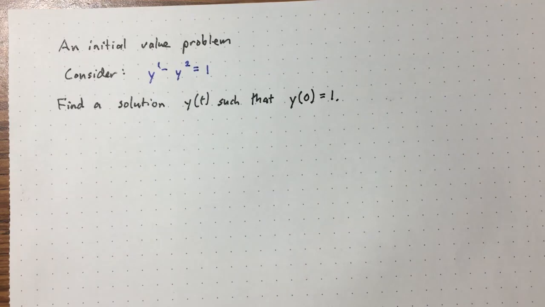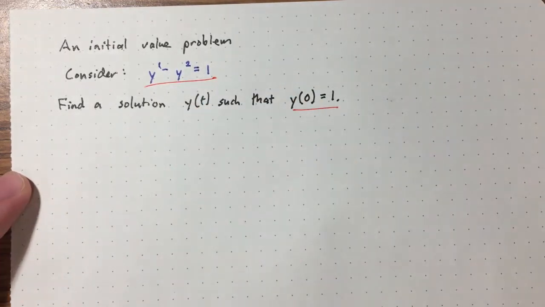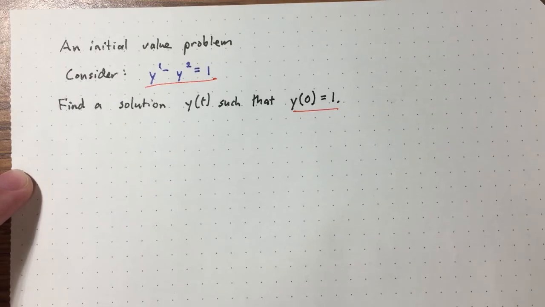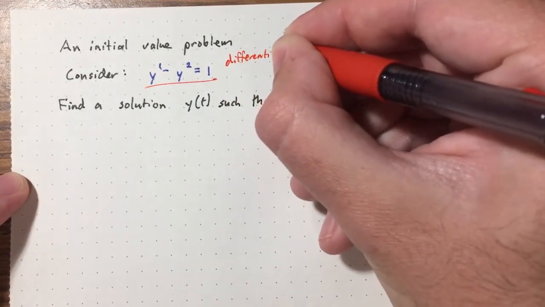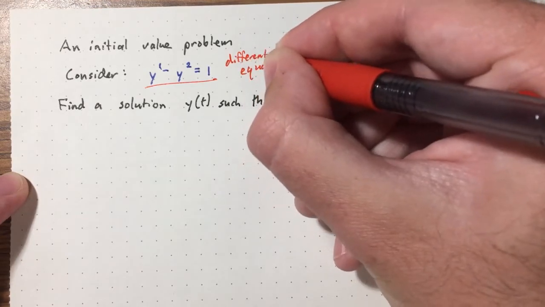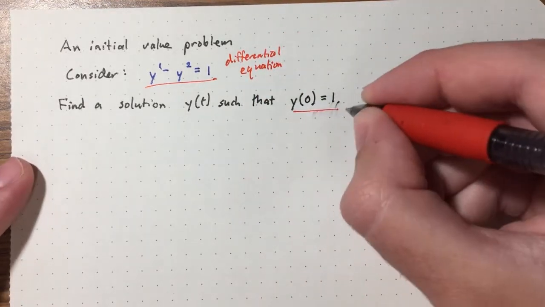So that's an initial value problem. An initial value problem is a combination of a differential equation and an initial condition. All right, so here we have the differential equation. And a statement like y of 0 equals 1 is called an initial condition.